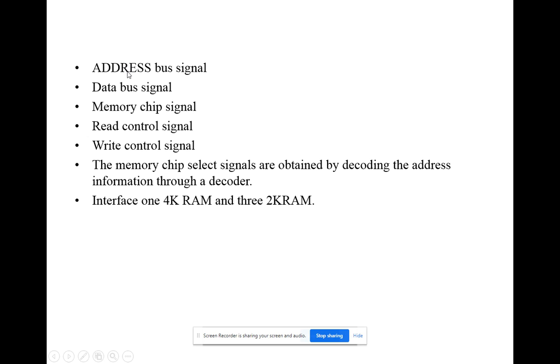I think you all know that the address bus is used to carry the address for storing the data or program. The data bus means data will be carried on that bus. Memory chip signal means the chip will be enabled through the memory chip signal. Read control means the reading process. Write control signal controls the writing process.